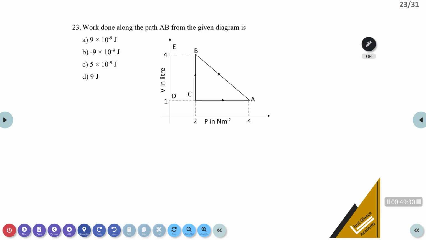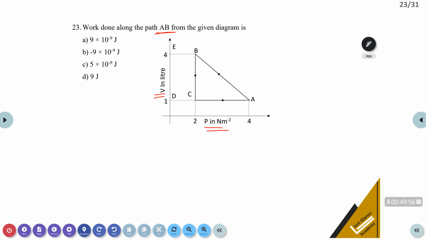Next, 23. Remember students, in this diagram he is asking for the work done by path AB. Normally the graph is P against V, but in this diagram the graph is volume against pressure.